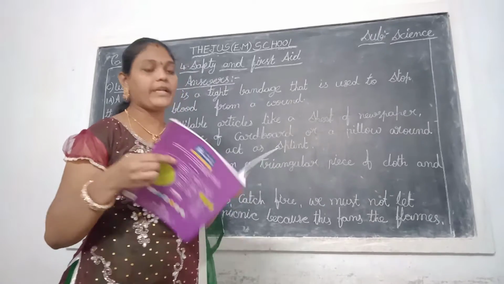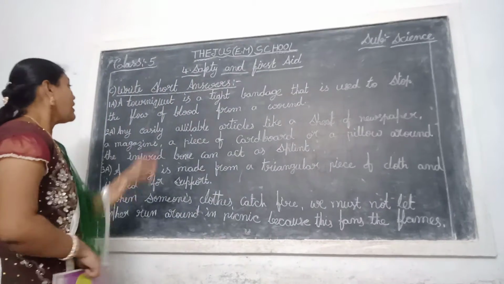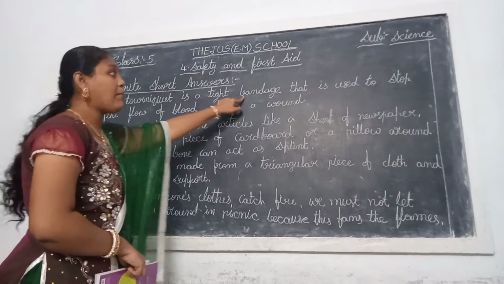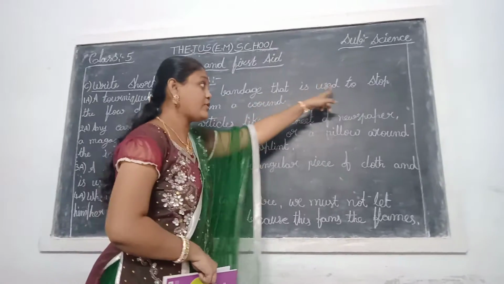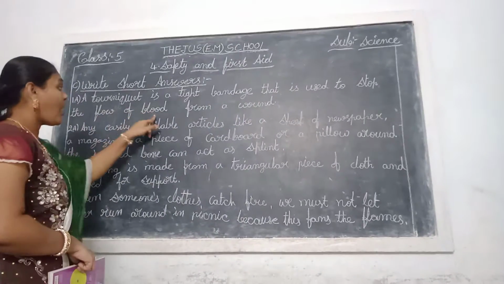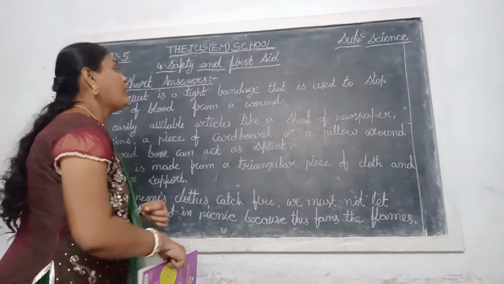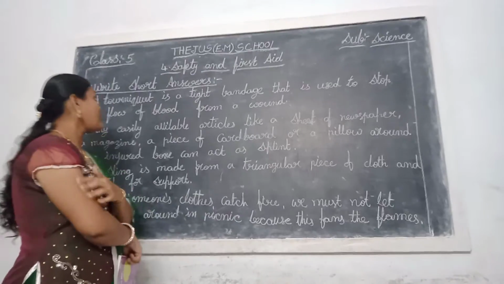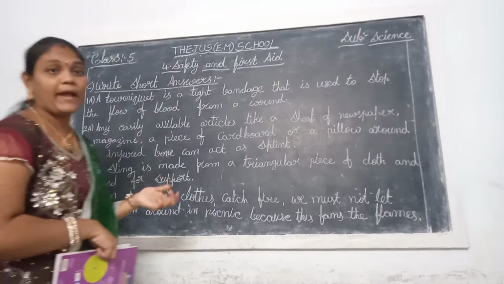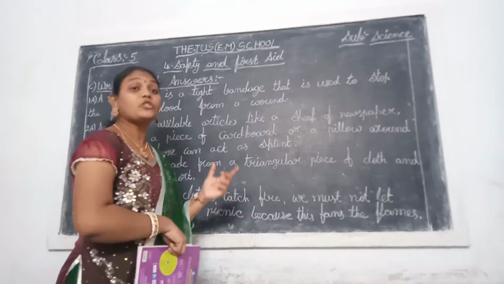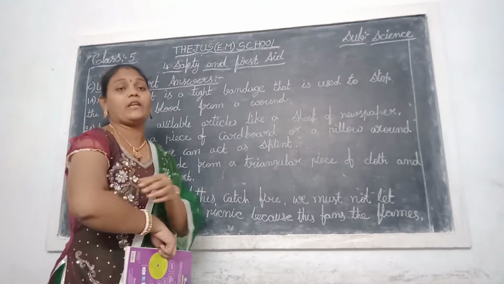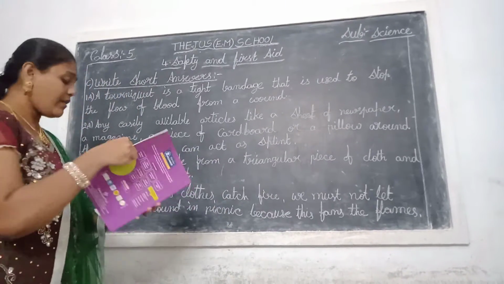What is a tourniquet? A tourniquet is a tight bandage that is used to stop the flow of blood from a wound. Okay, see, what is the tight bandage, children? A tourniquet is also called a tight bandage that is used to stop the blood on our skin. Say the word once.